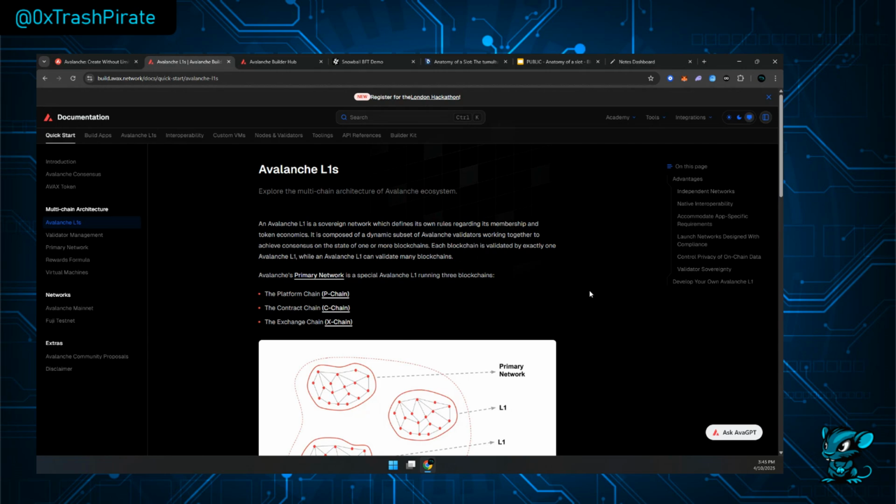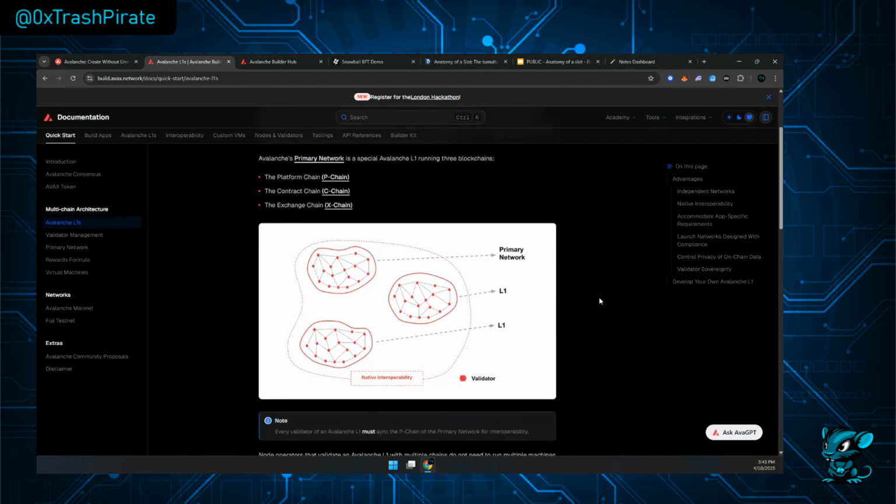But what is very unique about Avalanche is that you can also deploy subnets. Anyone can create an L1 themselves, a so-called subnet, and they're all natively interoperable. So it's very easy to transact between the different subnets, and the validators that validate a subnet can validate any other chain as well.